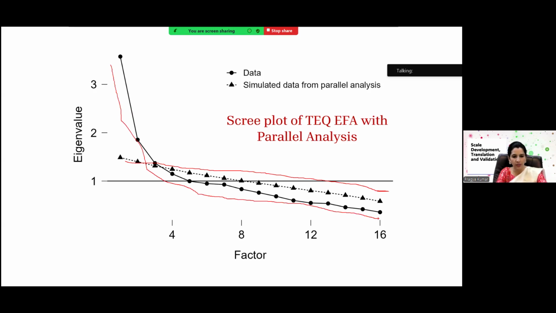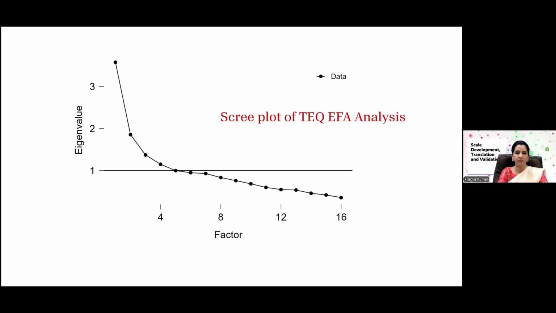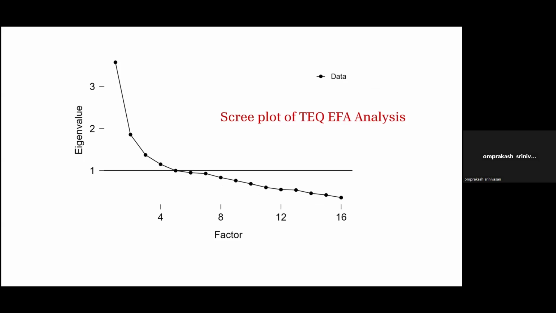So how do you take it? It should be above this line, which Dr. Srinivasan was saying. So how many factors will we take? 1, 2, 3. And if you use the eigenvalue criterion, how many factors will you take? If more than 1 eigenvalue? 4. So it is up to you.